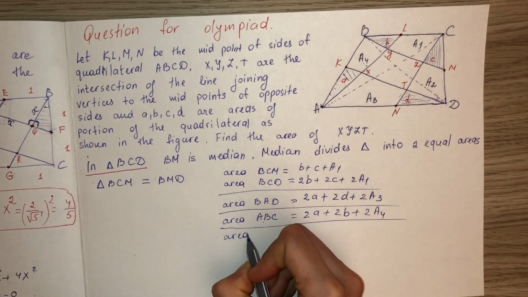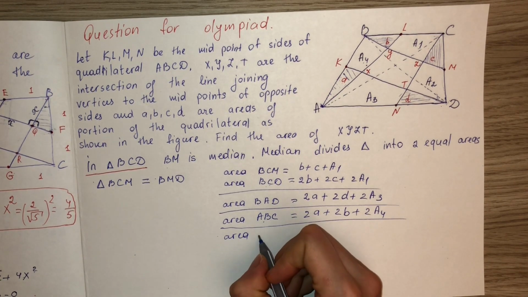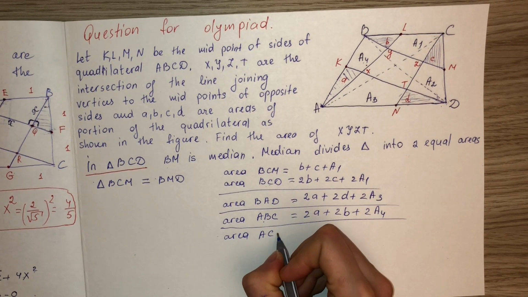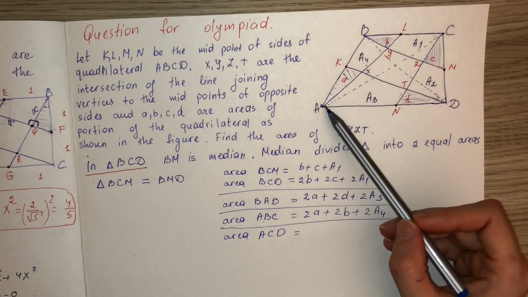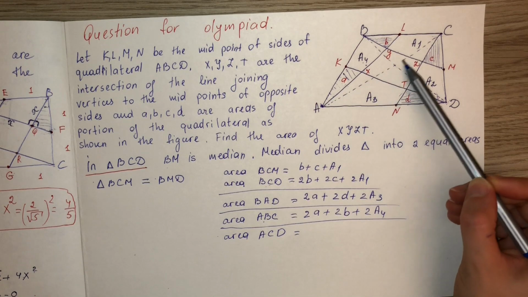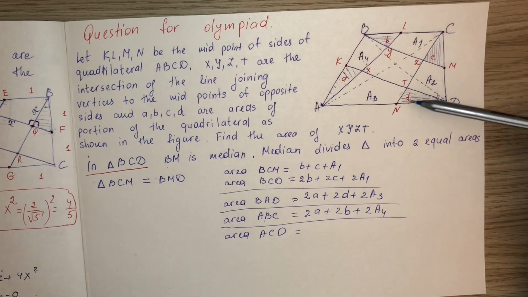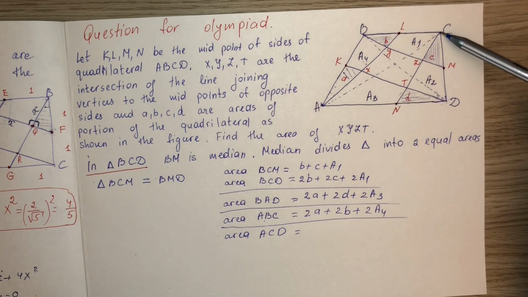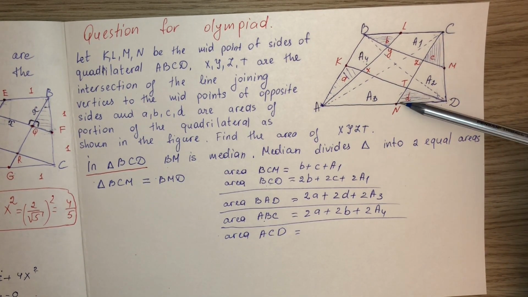And finally, the area of ACD is equal to, let me find, A, C, and D. You know, here we have NCD and ACN.